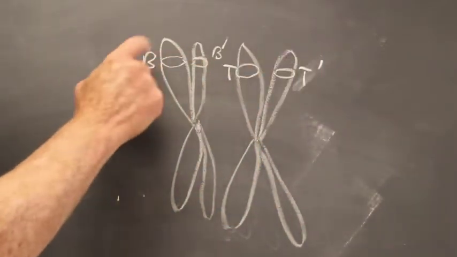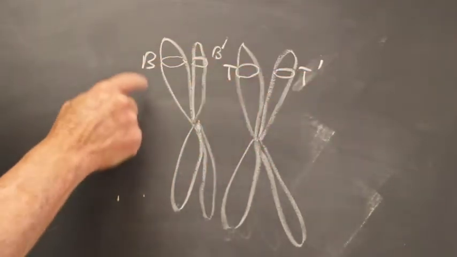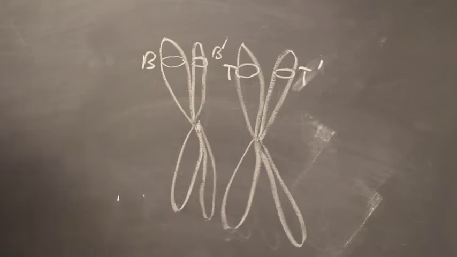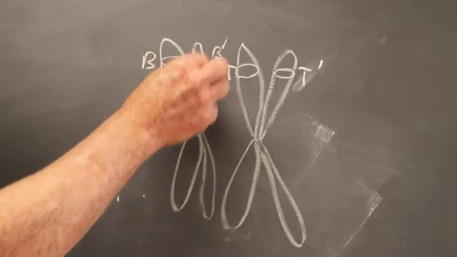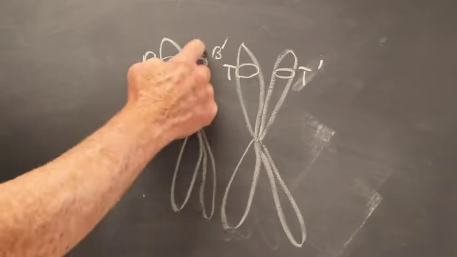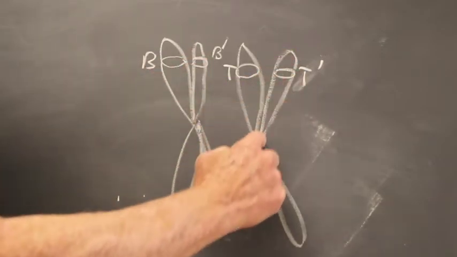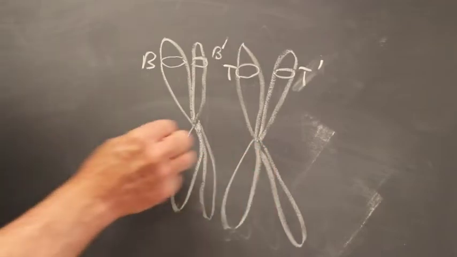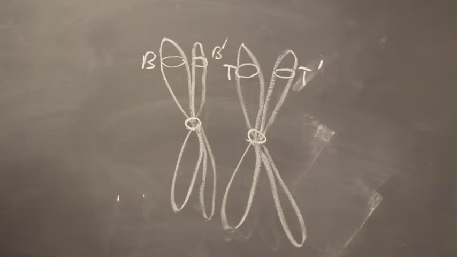Okay, so exact same genes, we'll denote that one as B prime and that one is T prime. This one is black, this one is for tan spores. Now these are homologous chromosomes or homologous pairs of chromosomes. This then is a duplicated chromatid, so this is a sister chromatid to that one, and this is a sister chromatid to that one. All of these then have a centromere binding them together in the middle.